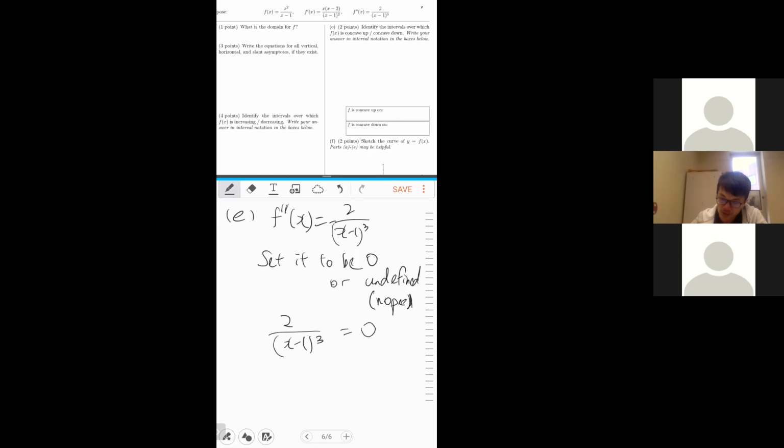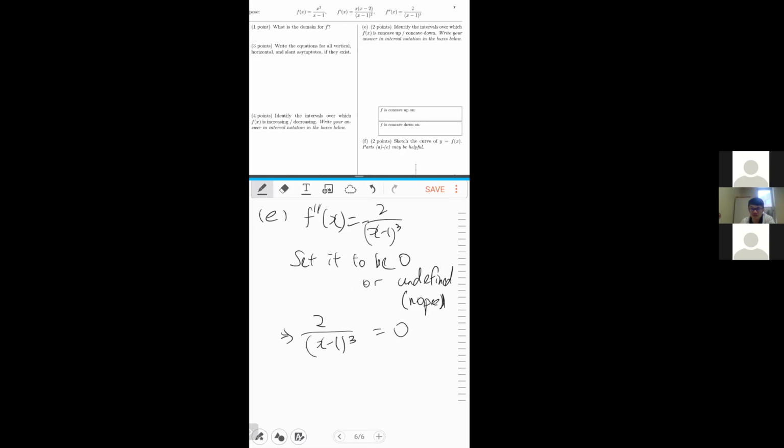So 2 over (x minus 1) cubed equals 0. How do I solve for x? Any ideas?